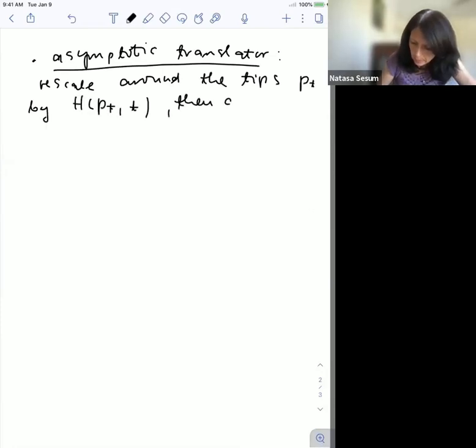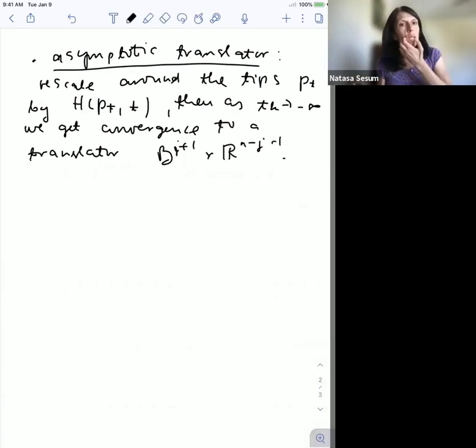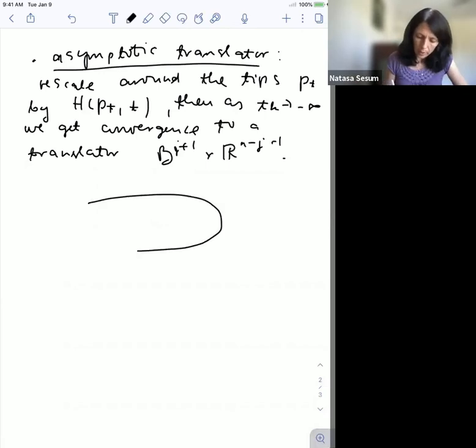Then, as t_k approaches negative infinity, we get convergence to a translator, which is the bowl soliton that we discussed in the previous lecture, of dimension j plus 1 cross R^{n-j-1}, right? Since our solution is rotationally symmetric, it looks like this, and we will refer to the tips as these points, which are also the points of maximum mean curvature.